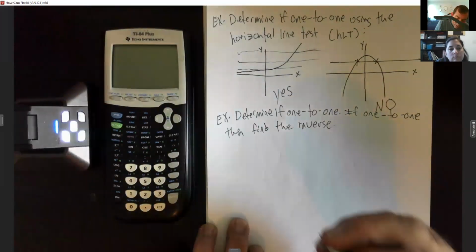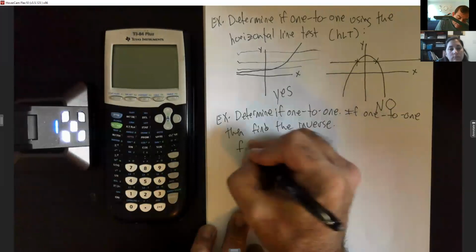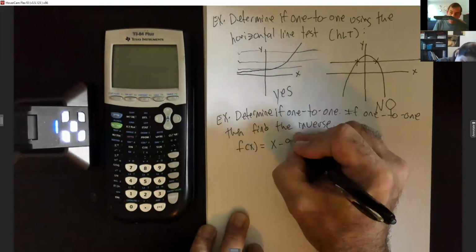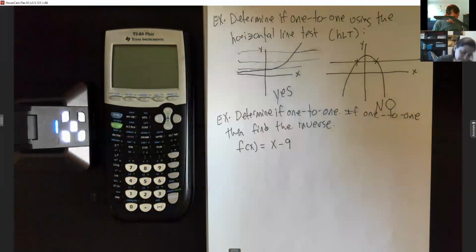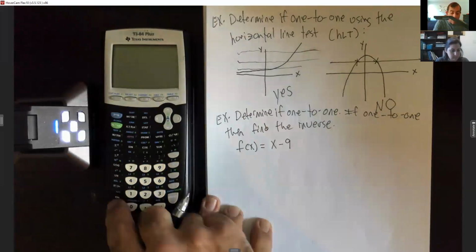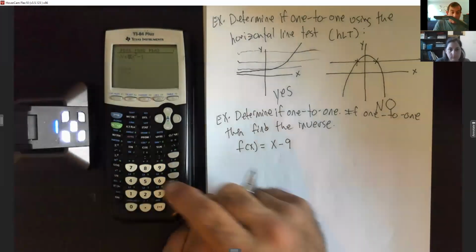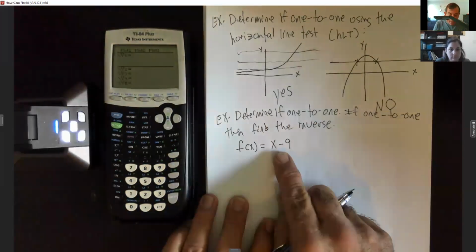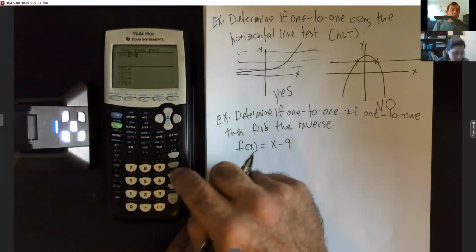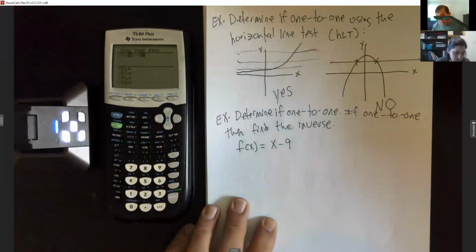So my first one they're giving me is f of x equals x minus 9. So here we go. I'm going to graph that in my y equals real quick. So let me clear that. And I'm just going to put in my x minus 9. And then I want to see my graph to see what's happening with this.